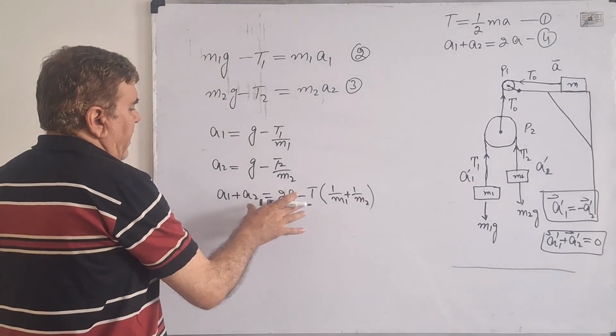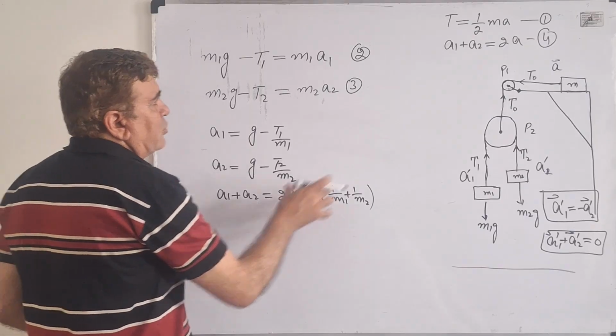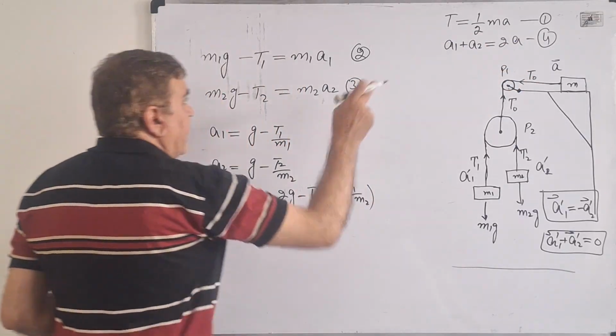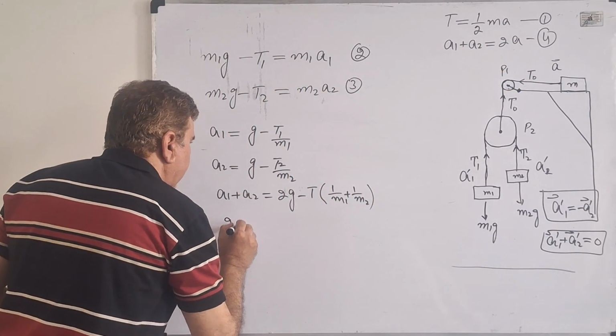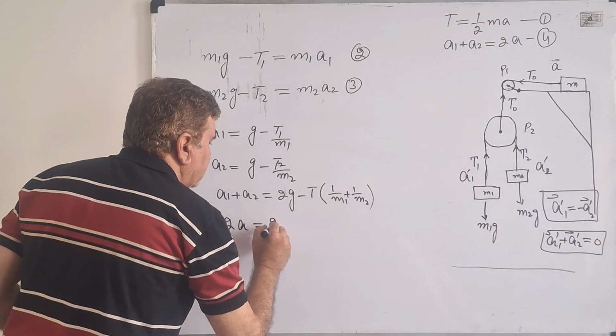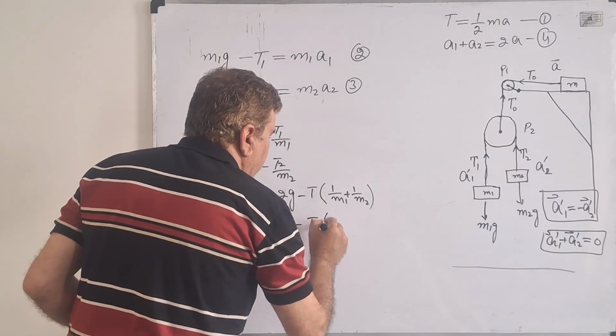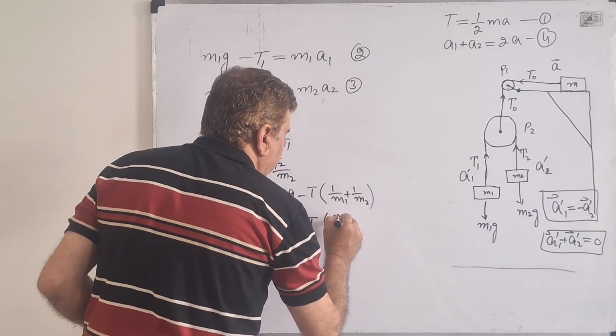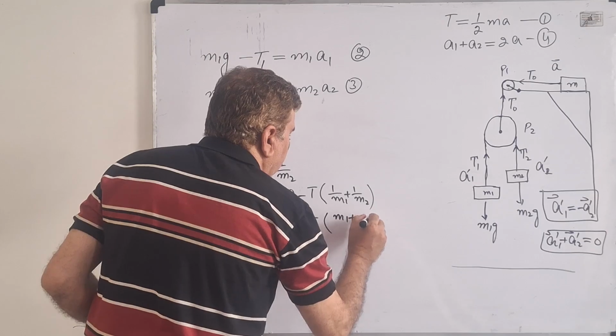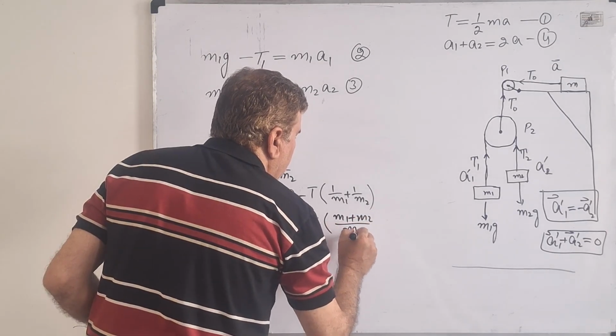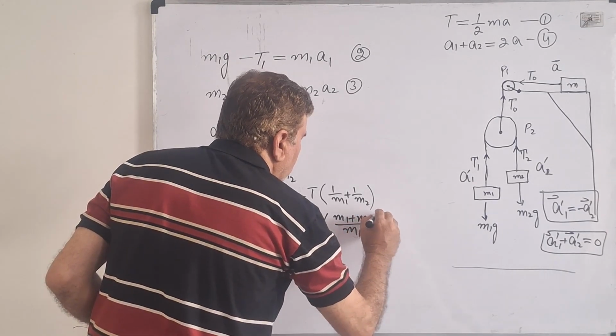And now if I compare this equation with equation 4, I can write 2 times A equals 2G minus T, and I'm taking LCM into the form M1 plus M2 divided by M1 M2.